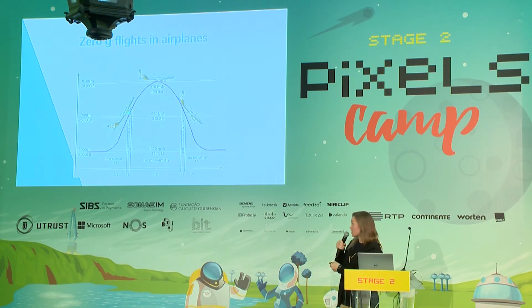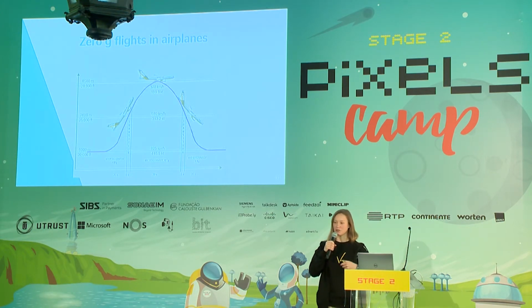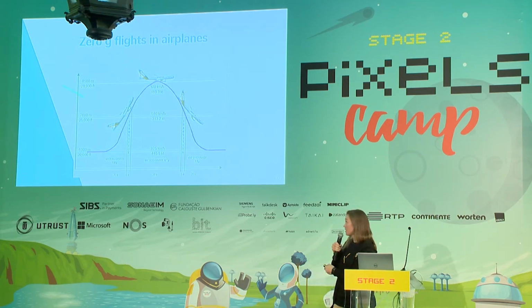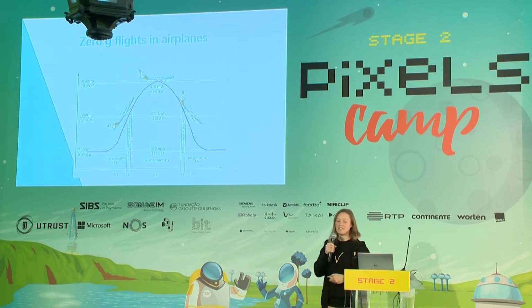So that during this part of zero gravity, only the gravitational force is acting on you. So basically it's as if you were falling in free space. And this period lasts for around 20 to 30 seconds before you come crashing down on Earth and you actually have to pull out again.